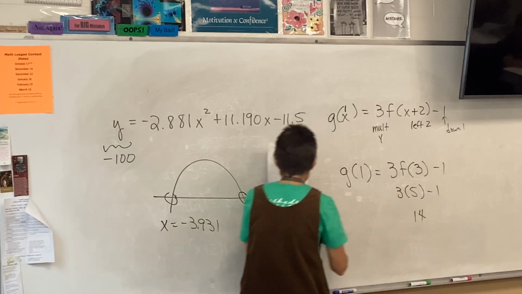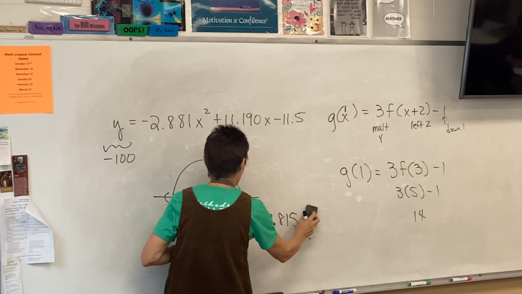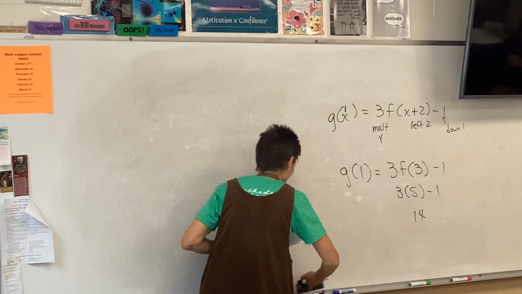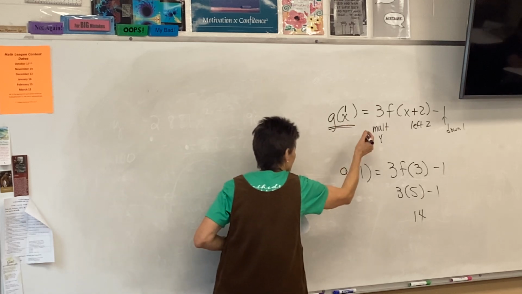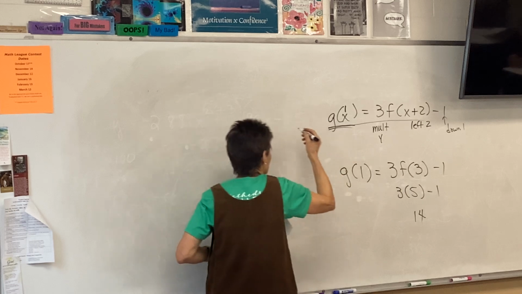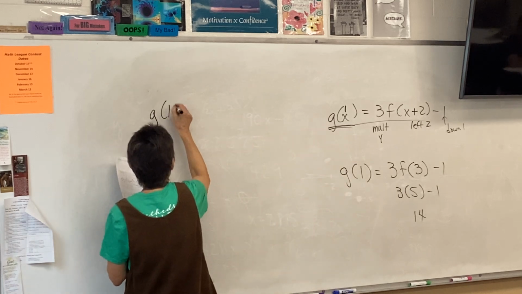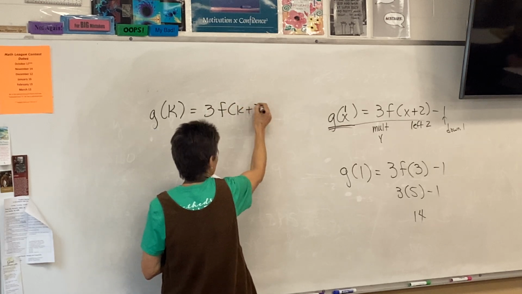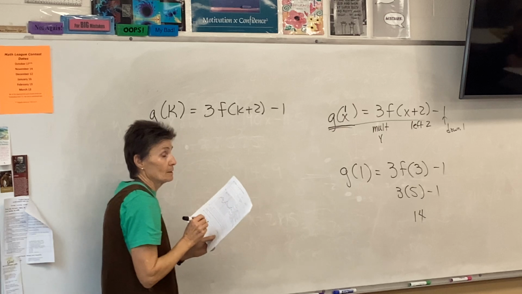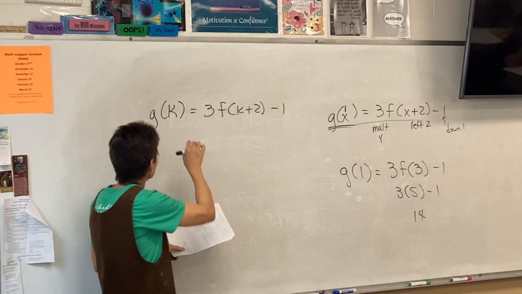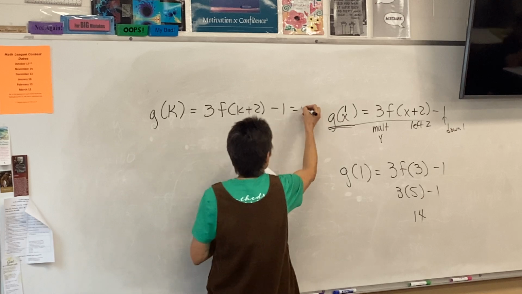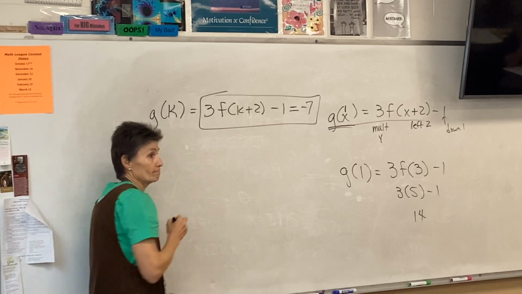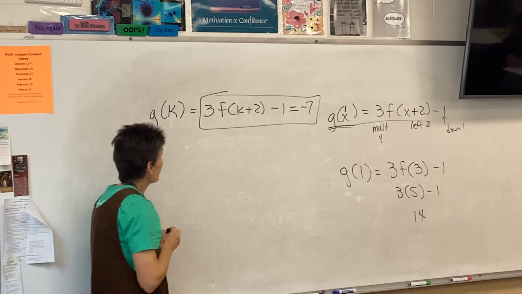Find k if g of k is -7. So remember, this thing is g. So g of k is 3f of k plus 2 minus 1. But they tell me that g of k is -7. So would you agree with this? Yeah. All right, let's start solving.